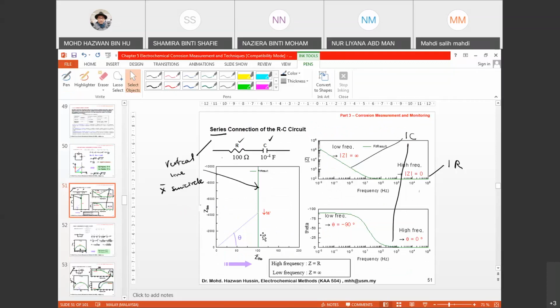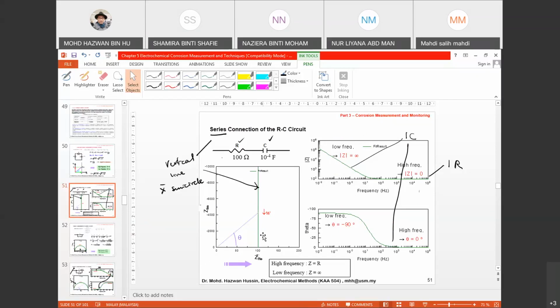So how to propose a model? I should indicate what the components will be, how many capacitors and how many resistors I should have. Looking at the Bode plot and the Nyquist plot, I can indicate whether this circuit is a series RC, a parallel RC, or a Randles circuit model, or what.